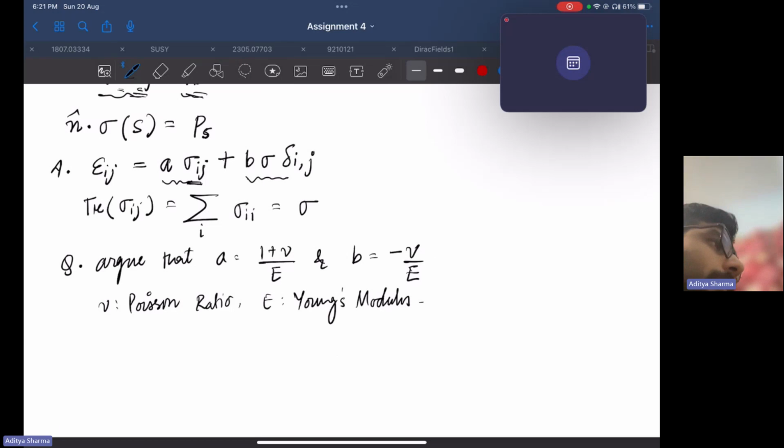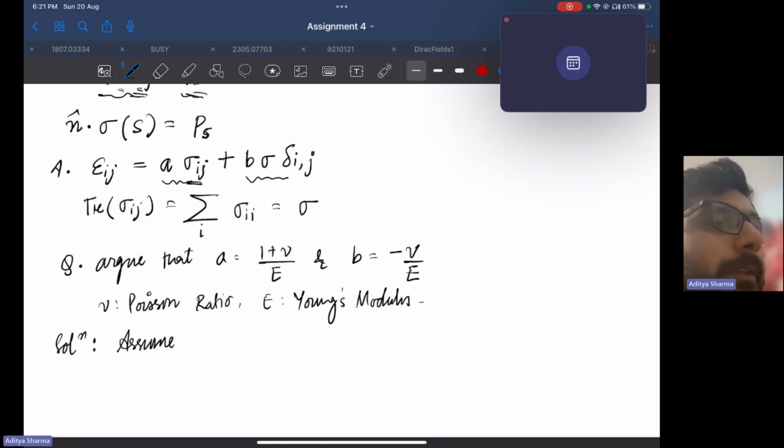So the way to do it is that we'll assume that all other stresses except in the x direction are zero. So there is sigma xx, which is non-zero. All others are zero.